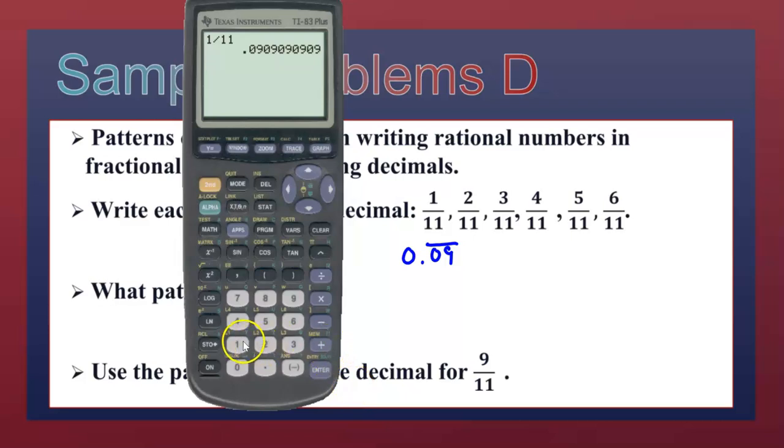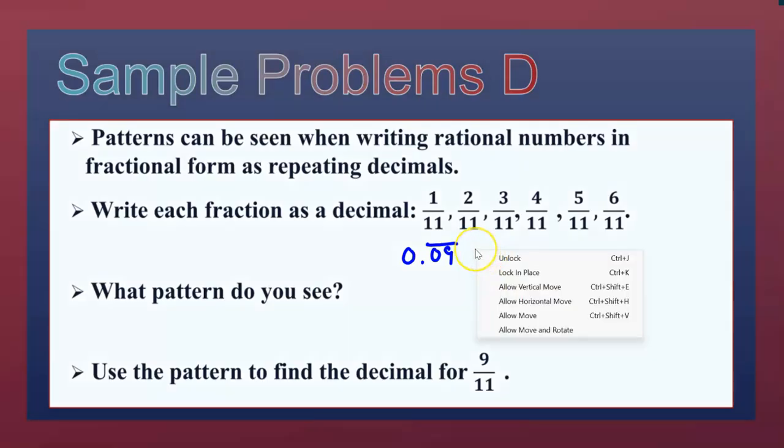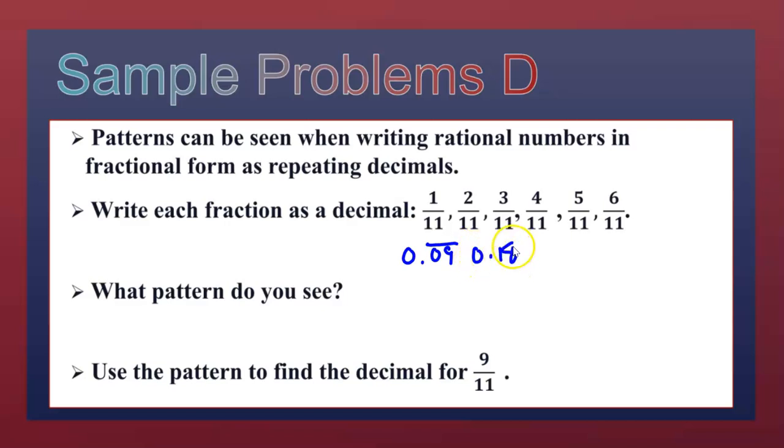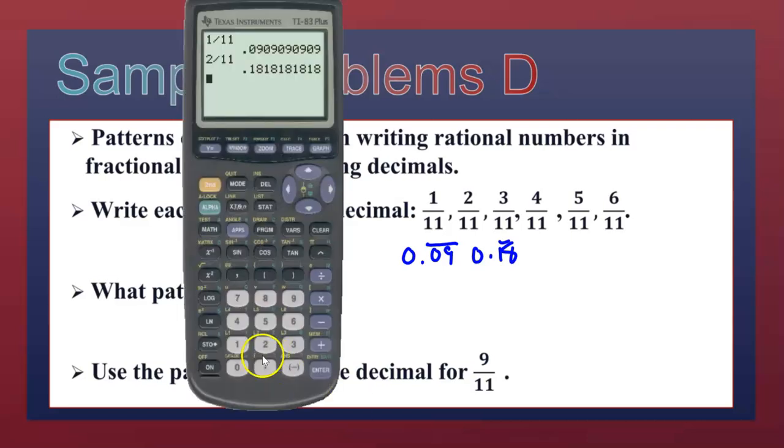Grab our calculator again. Now let's do 2 divided by 11. And we get 0.181818. So the bar is over the 18. Now if I do 3 divided by 11, 0.272727.